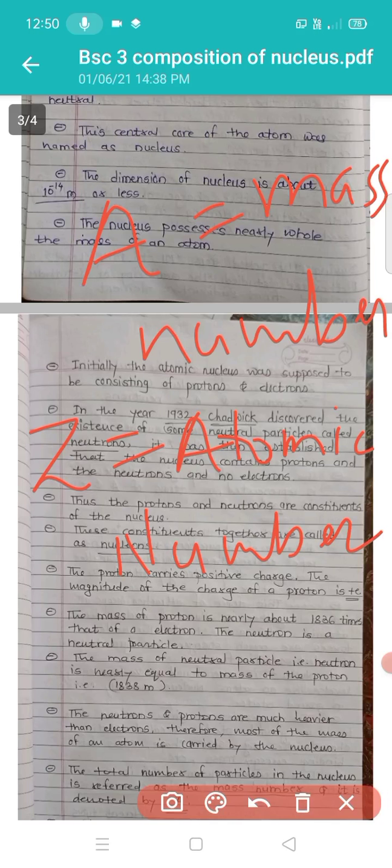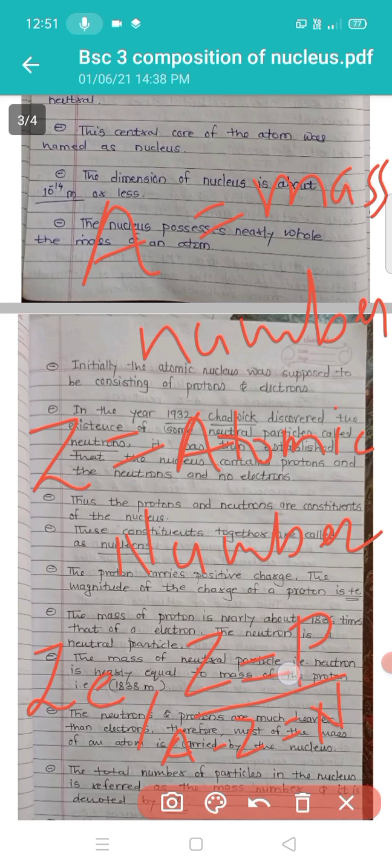The total charge on the nucleus is represented as Z times e. Thus, a nucleus contains Z protons and A minus Z neutrons.